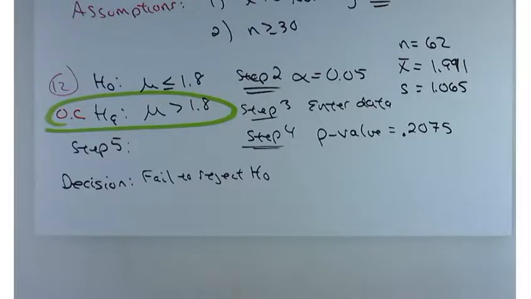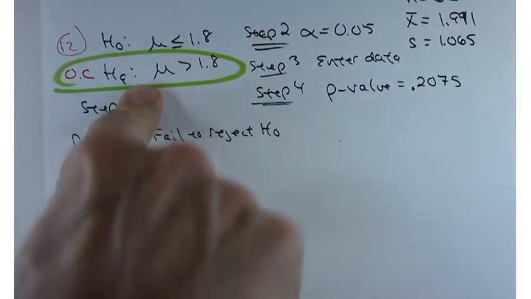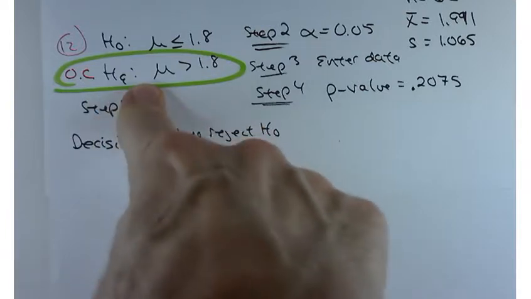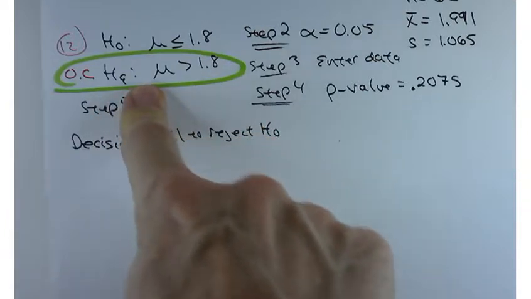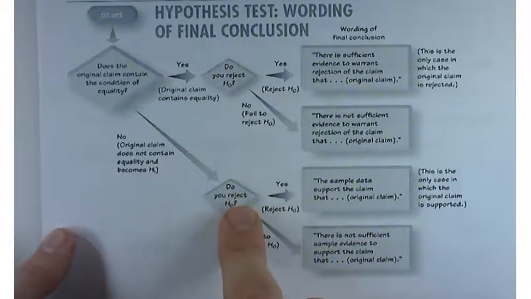All right, the last thing that we need to do is state our conclusion in words. So our original claim, does our original claim include the possibility of equality? No, it doesn't. So let's see where that branches us to. Original claim does not contain the possibility of equality.